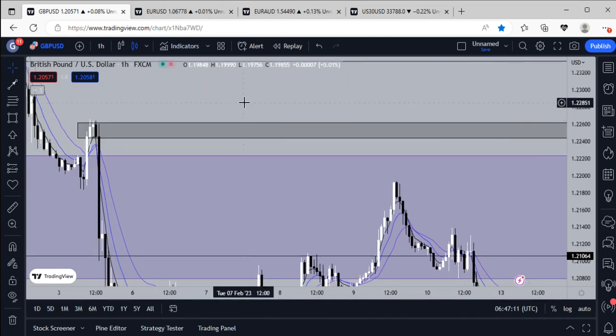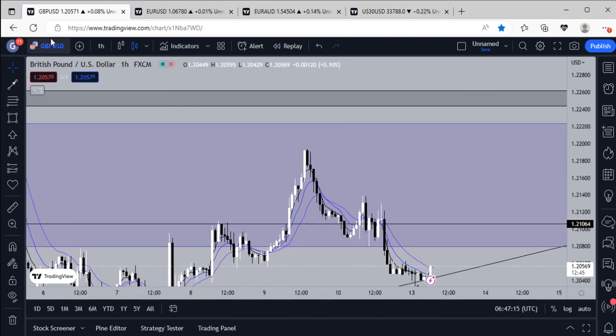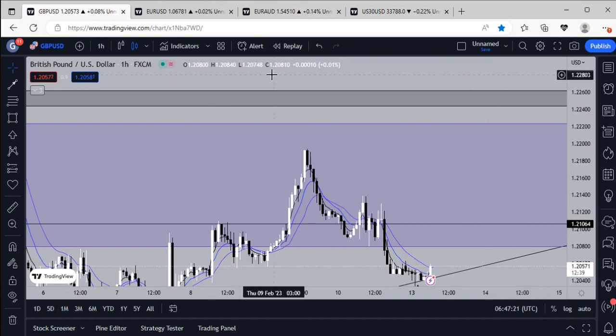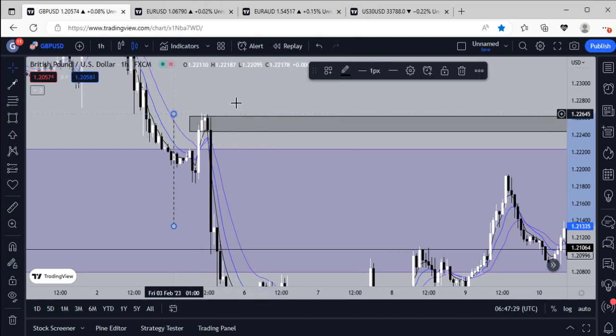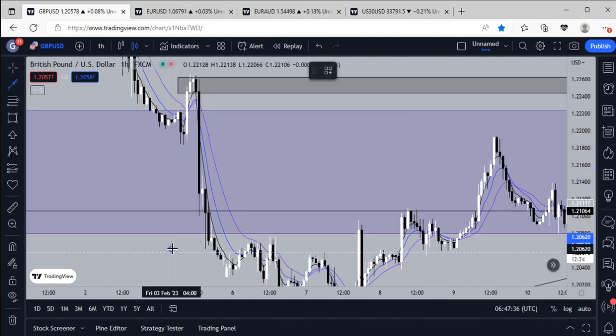Okay, I don't really like to crowd my charts a lot. I'll just keep in mind this area of imbalance, all right, but I'll keep it at the back of my mind that price can come back and perhaps respect this area, because in this area there is a form of imbalance as well.